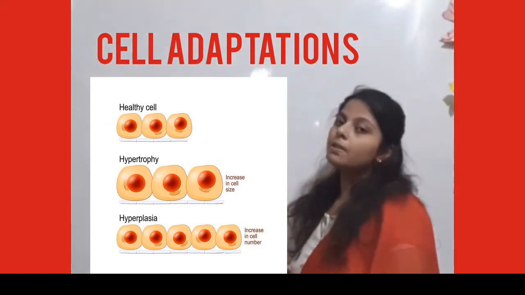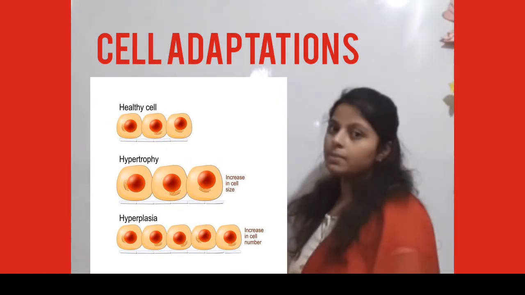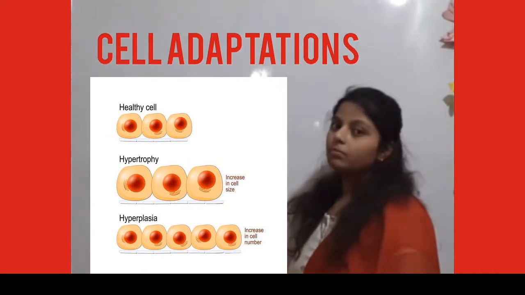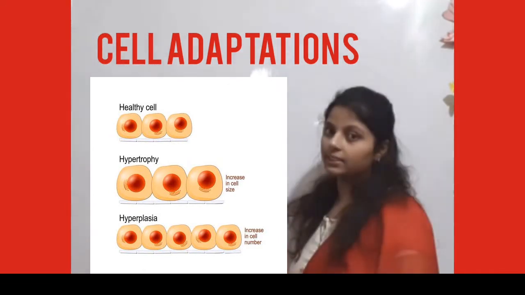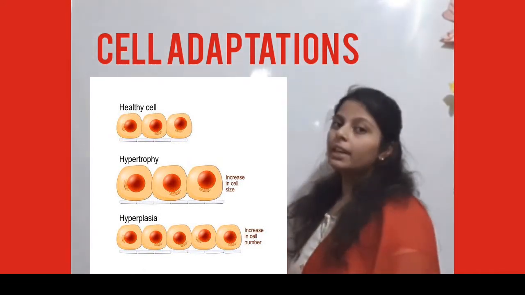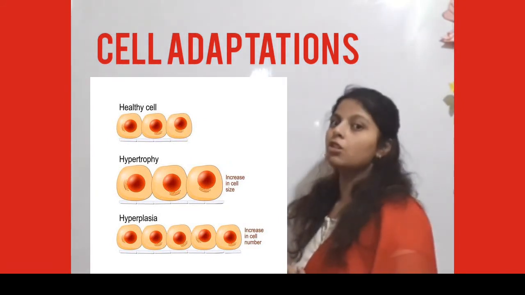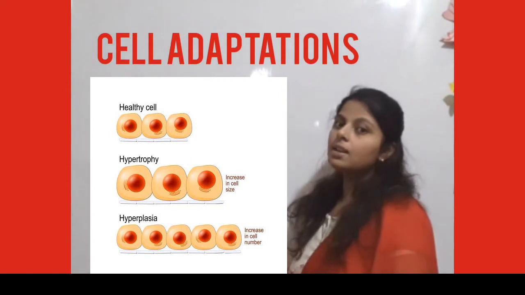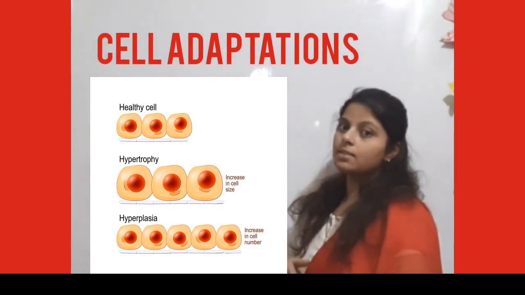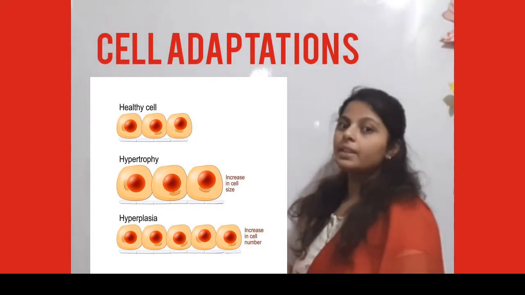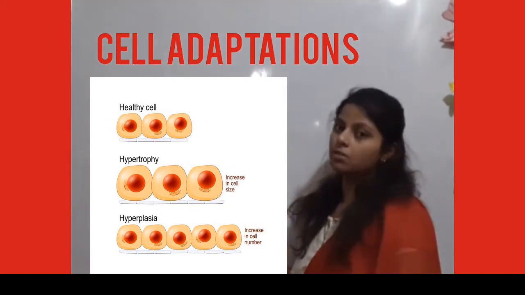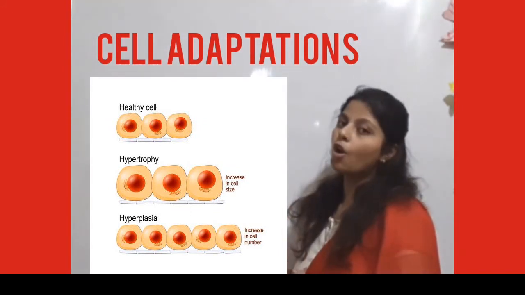Other examples are epidermal cells as well as the cells in the intestine. They also increase in number, leading to hyperplasia, in order to replace the damaged cells and carry out normal functioning.